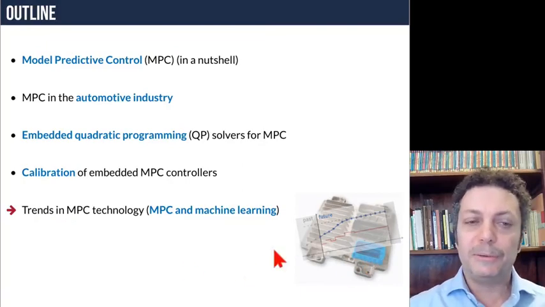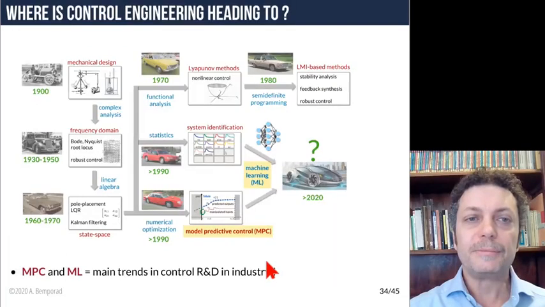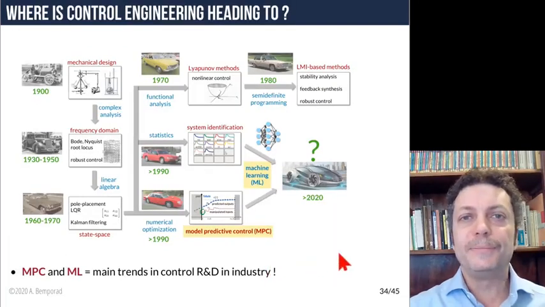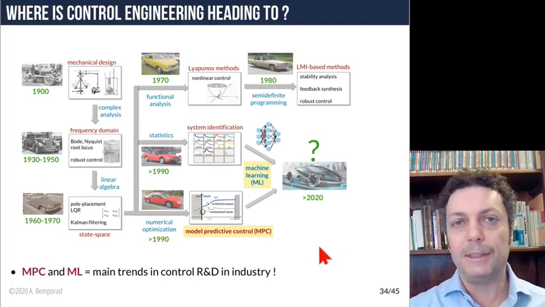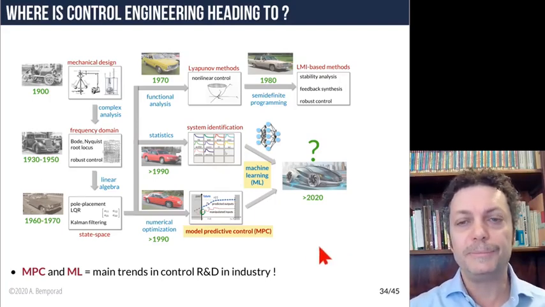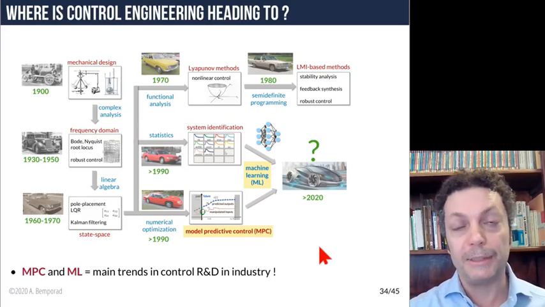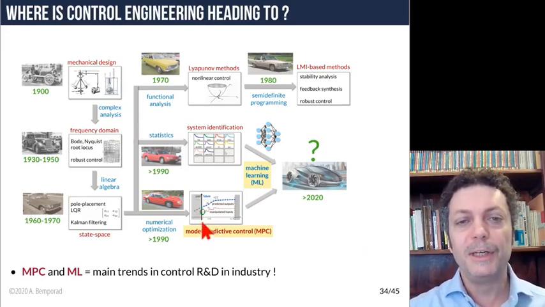So this brings me to the last part of my presentation. I want to discuss what are possible future trends in advanced control in the automotive industry, and not only the automotive industry.